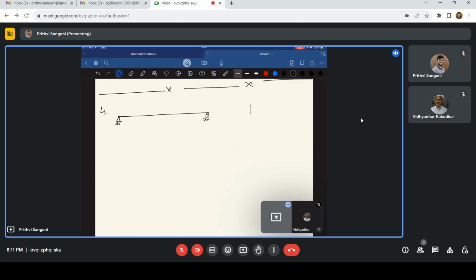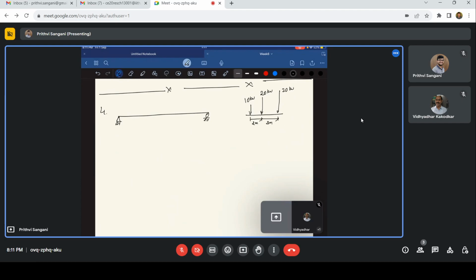Let me write the train of load first. Something like this. This is 10, 20, and 30 kilonewtons. The first two are spaced at 2 meters apart. The other two are spaced at 3 meters apart.